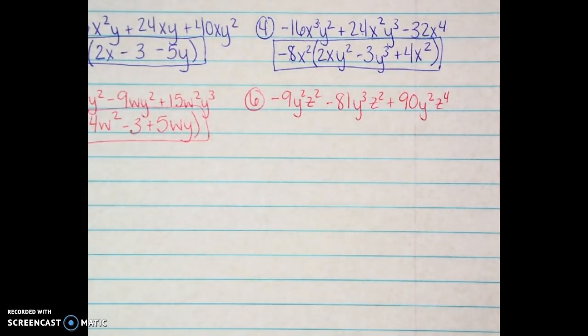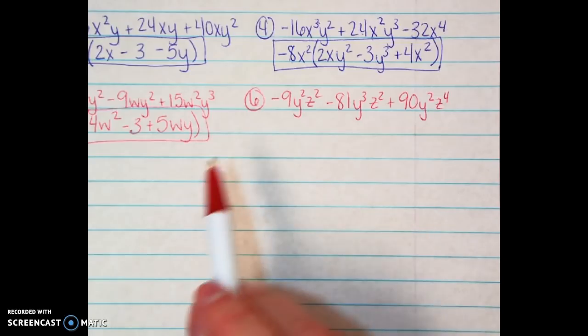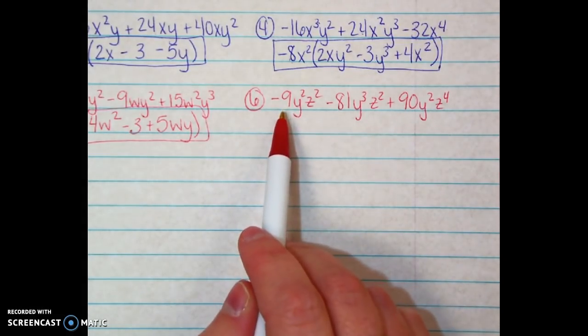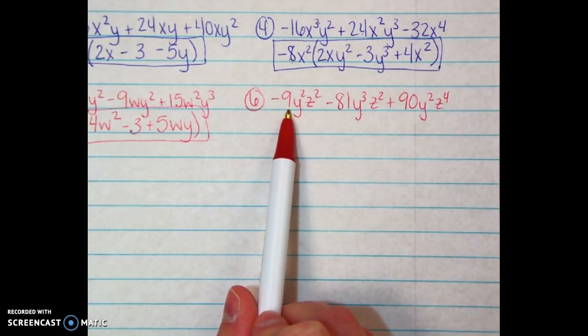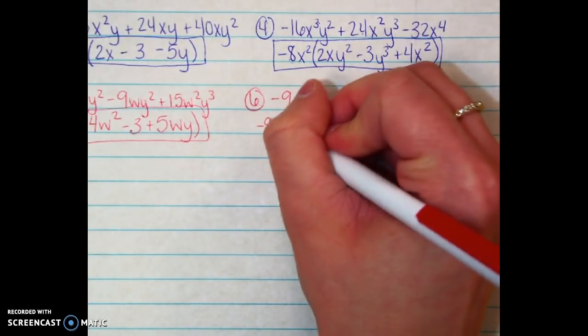Okay, so yesterday when I was doing this in class, someone said the GCF for this one is negative 18. Well, first of all, 18 doesn't go into 81, but 18 also does not go into 9. So your GCF has to be the smallest number in the problem or smaller. So the highest your GCF could be is the 9 right there. In this case, it's going to be negative 9.